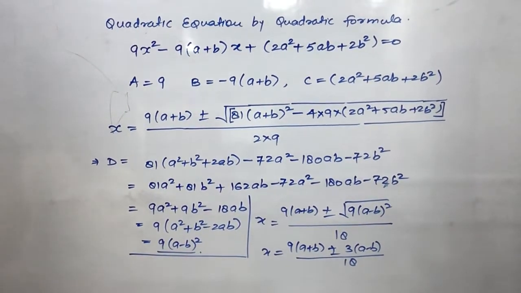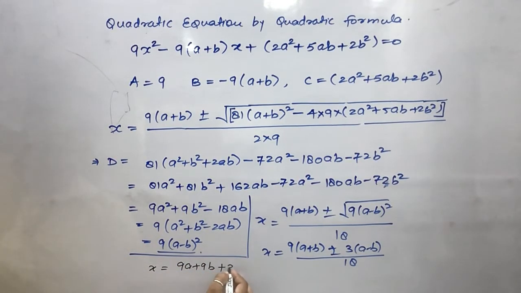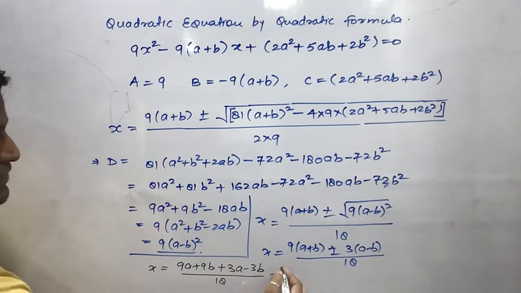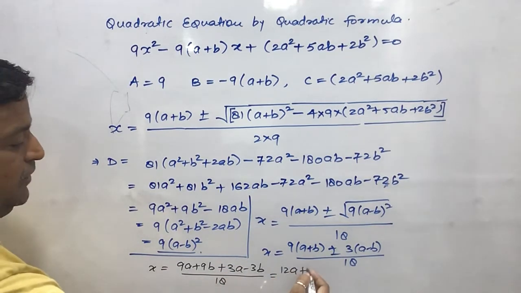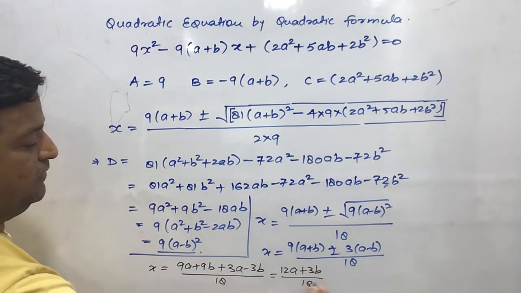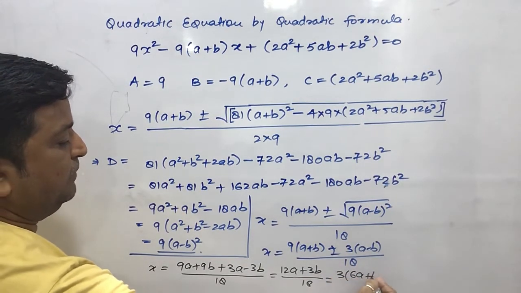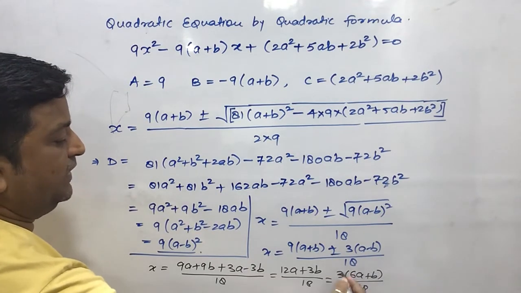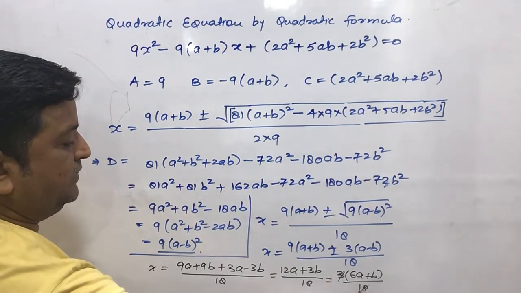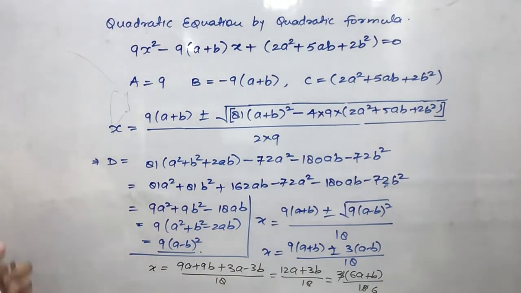See, when I take positive, then x is equals to 9a plus 9b plus 3a minus 3b by 18, and 9 and 3 is 12a plus 3b by 18. When I will take 3 common, what will be left? 6a plus b by 18, and 3 6 18. देखिए, so what is the value of x here?